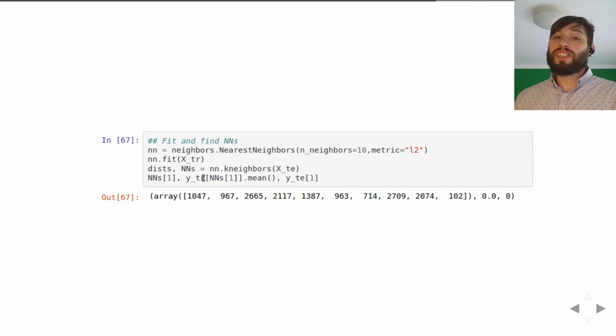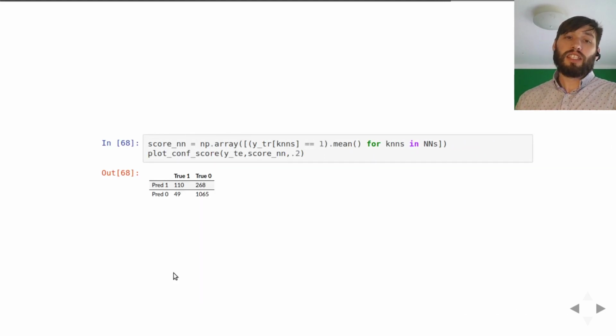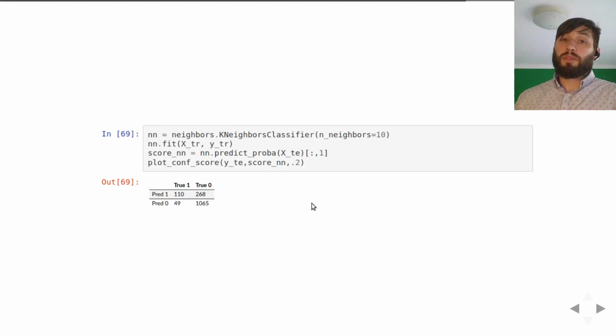And so we're going to think of this average as our score, right? Okay, so we can do the same thing, and then we can set our threshold to be 0.2, for example. That's saying that if 20% of your neighbors are 1s, then we're going to say predict as a 1. In that case, we're not being very, very hard-nosed about the predicted 1s, and we're going to get a poor precision. But if we increase this, well, we're not increasing it there.